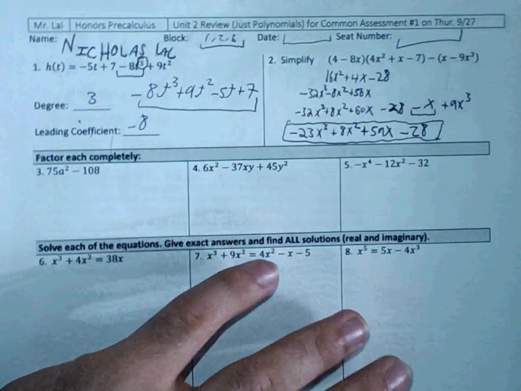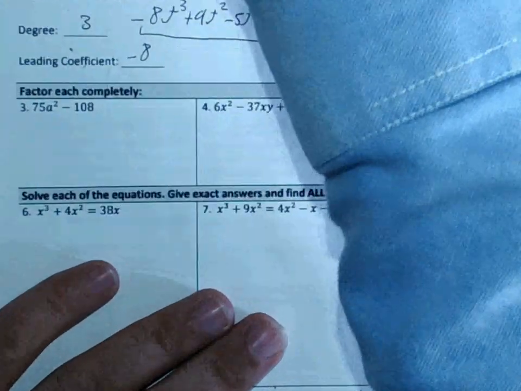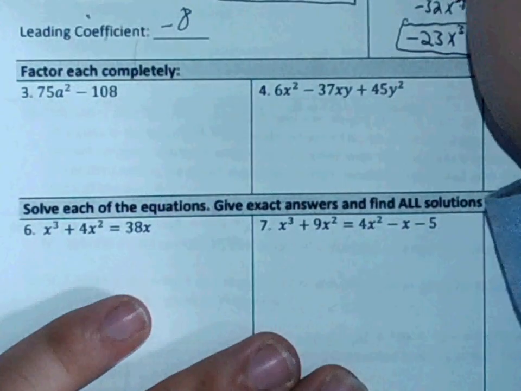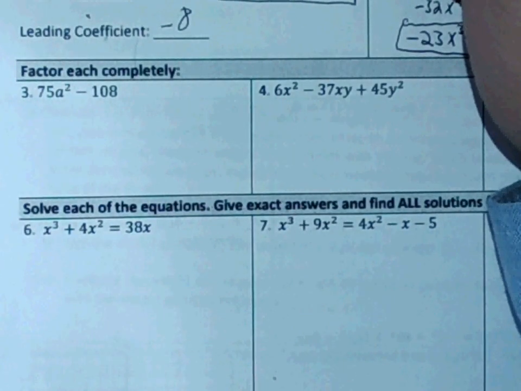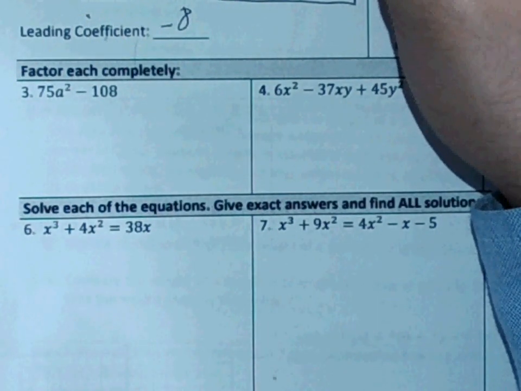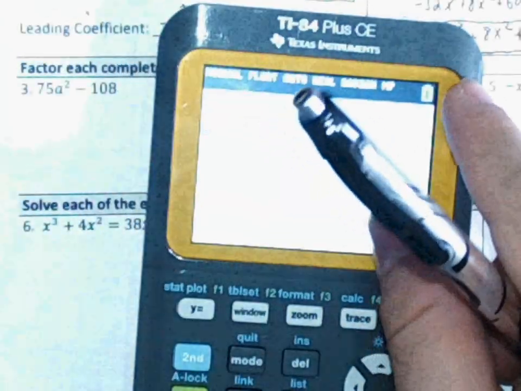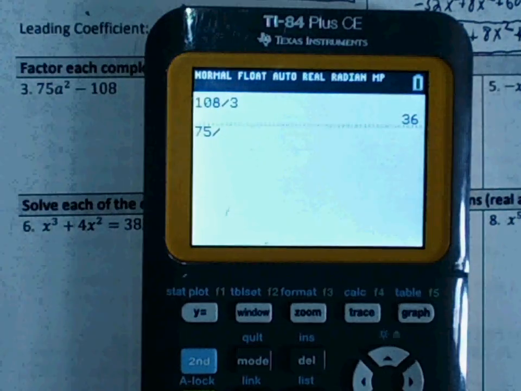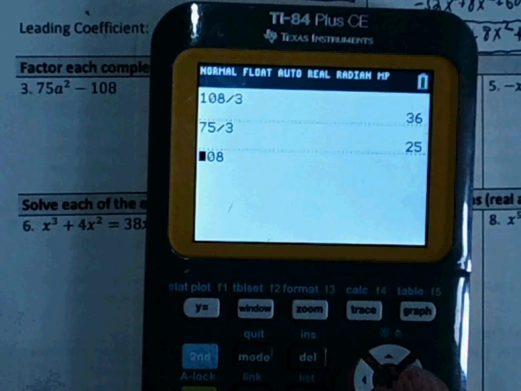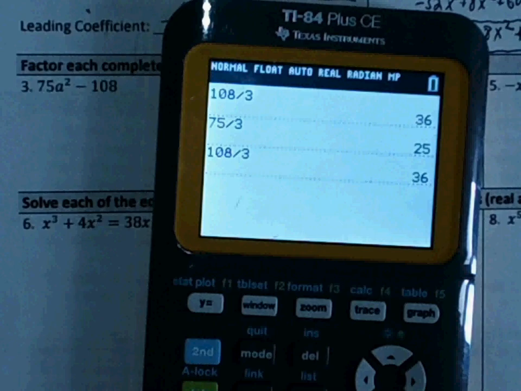Alright, let's go to number 3. Let me move around the paper and keep things zoomed in. Factor each completely. So 75a squared minus 108. So this is one thing you have to know, is that 75 divided by 3 is 25, and 108 divided by 3 is 36.